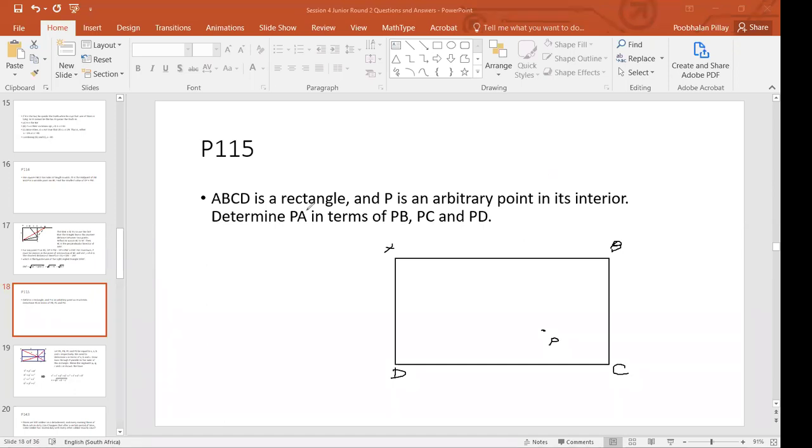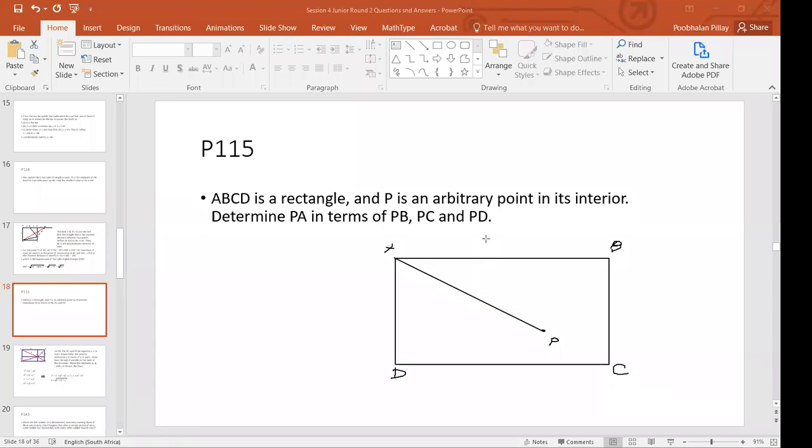Okay, determine PA. So let's write join PA. So we determine this length here, PA, in terms of PB, PC, PD. So you're joining P to all of them.